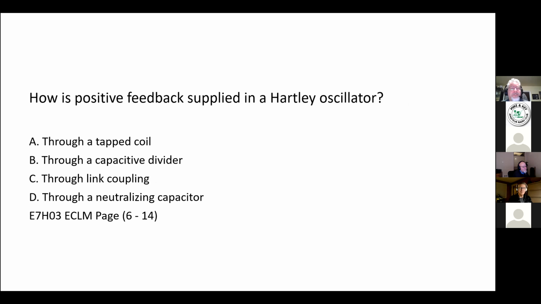How is positive feedback supplied in a Hartley oscillator? A, through a tapped coil. B, through a capacitive divider. C, through link coupling. Or D, through a neutralizing capacitor. Alpha is correct, through a tapped coil.